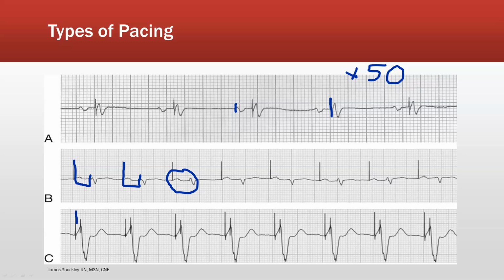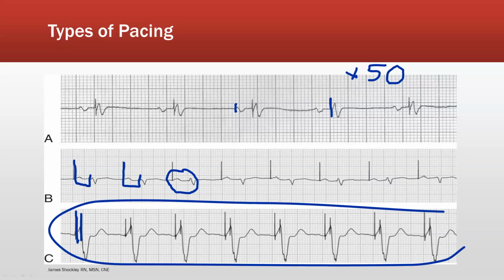So we are going to dual pace them. Here you have a pacer spike next to your P and next to your QRS. So this person, because they have it on every QRS, is going to be what we call 100% AV paced.